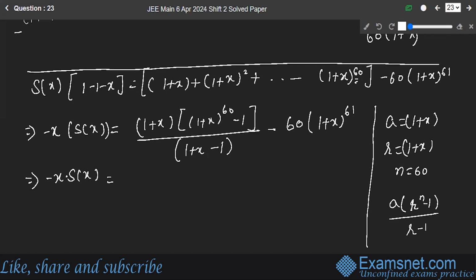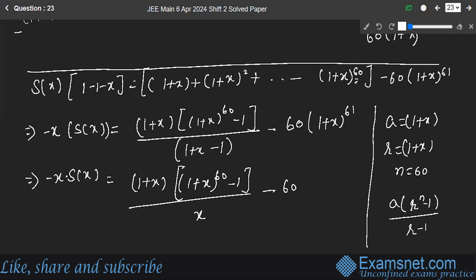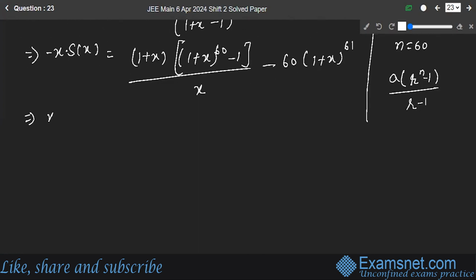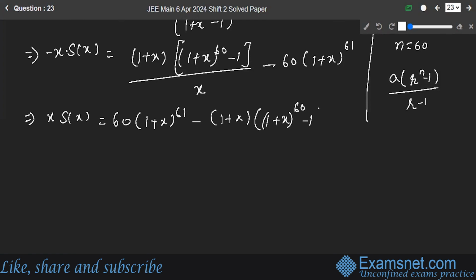This is equal to (1 plus x) in multiplication upon x, minus 60 into (1 plus x) raised to power 61. Multiplying both sides by minus, you will have Sx equal to 60 into (1 plus x) raised to power this, minus this, 60 minus 1, divided by x.